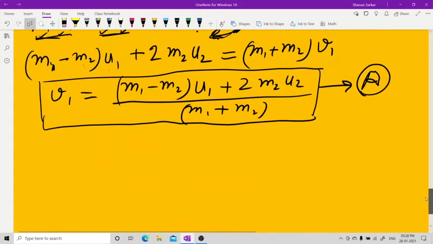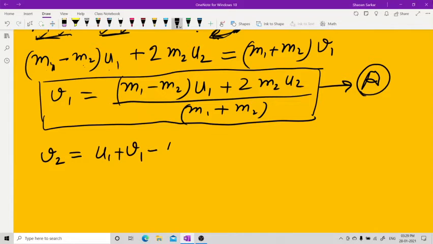Now let me keep this equation in front of me. Now you have v2 is equal to u1 plus v1 minus u2. Just put the value of v1. So u1 minus u2 you keep as it is right here. In place of v1, I have to put the value of this equation.